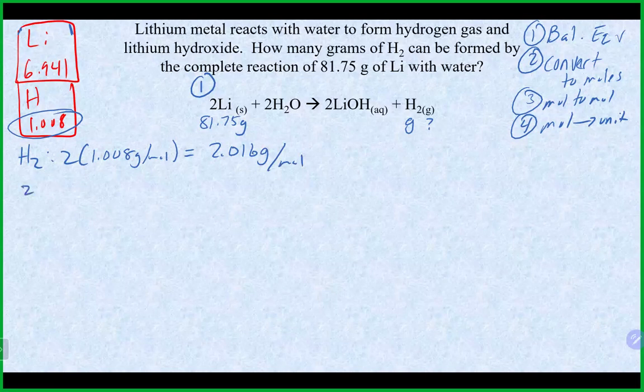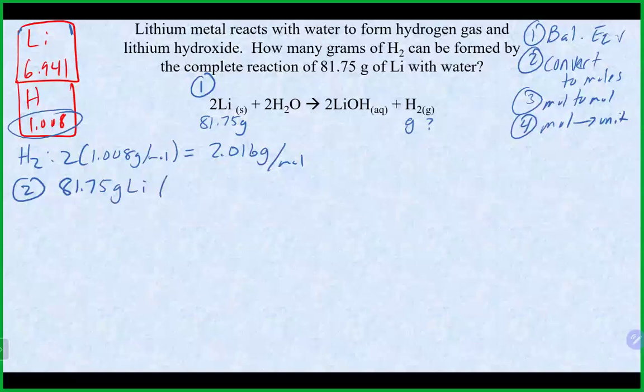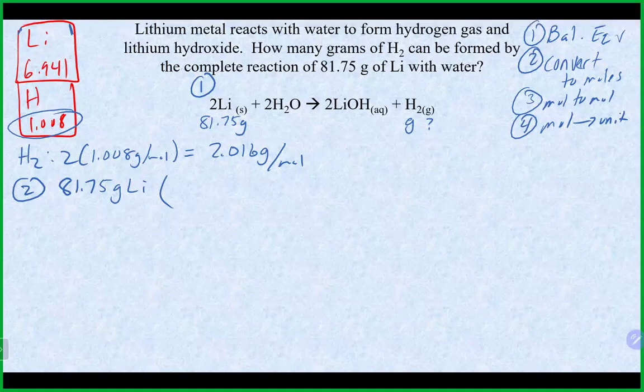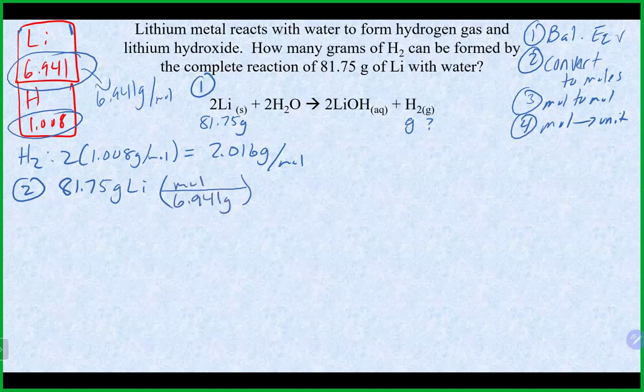We're going to start with taking what was given to us, which is 81.75 grams of lithium. Again, that is definitely not the right molar mass there. We actually are starting with lithium, so we'll use that one right there, which is 6.941 grams per mole of lithium.